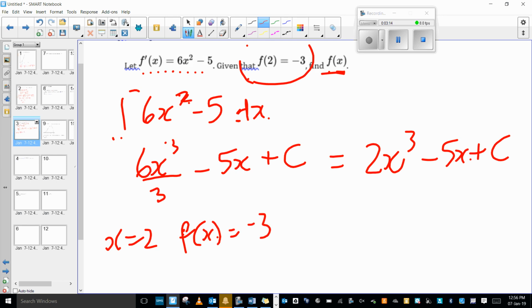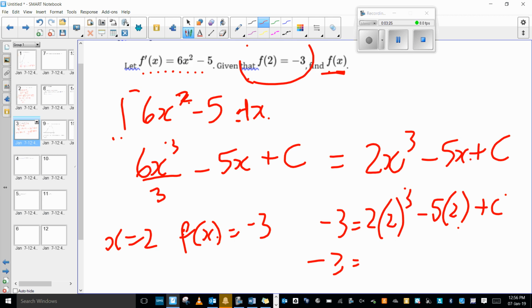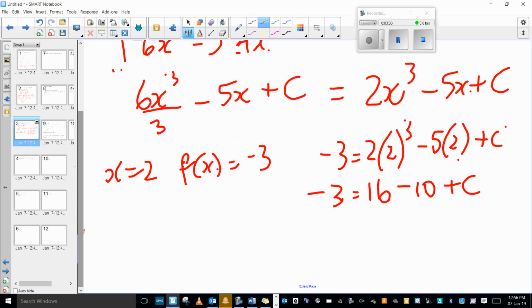So we say -3 equals 2 lots of 2 cubed minus 5 lots of 2 plus c. So 2 cubed is 8, multiplied by 2 is 16, minus 10, plus c. So it's -3 equals 16, take away 10 is 6.